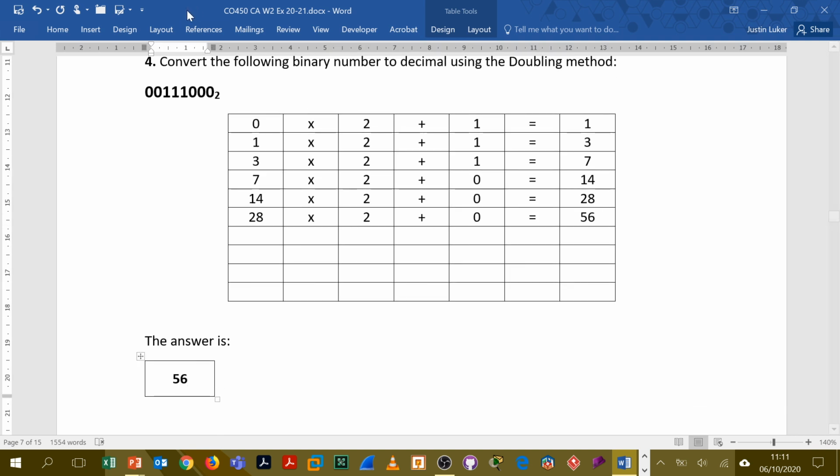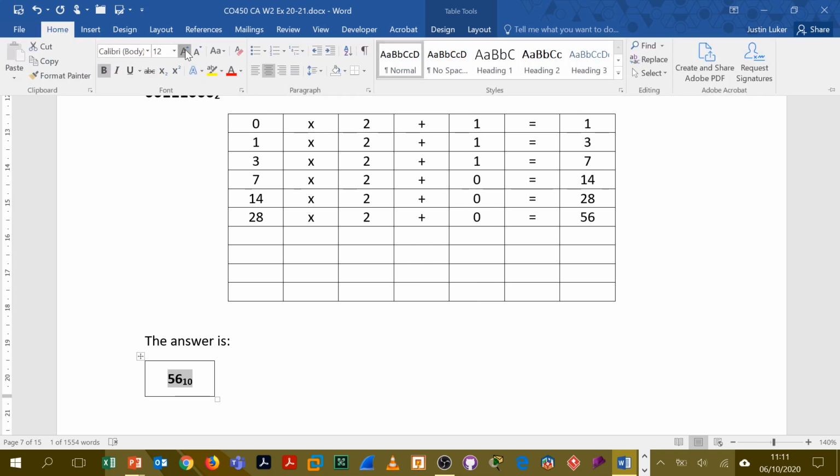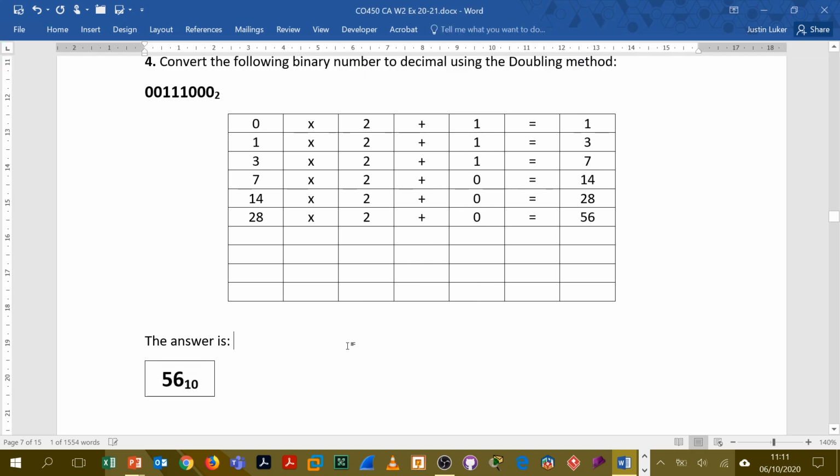And again, I can see the least significant bit was a 0, so it should be an even number, which it is. So just to give me a bit of confidence. Yeah, 56.